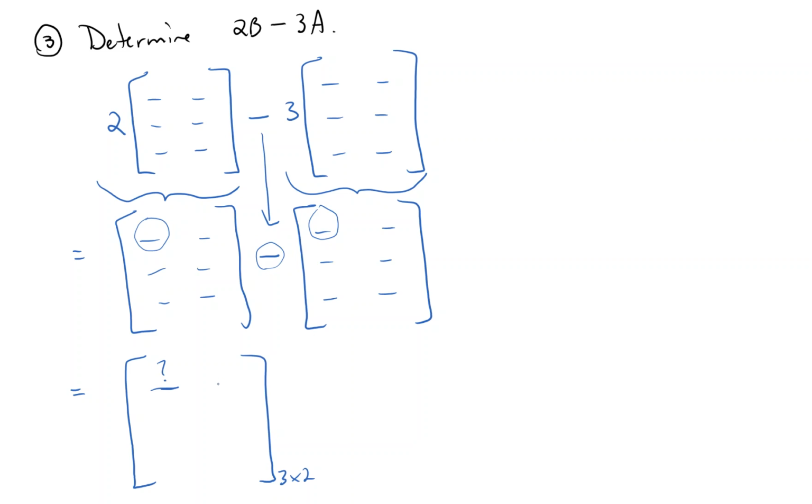Then for the first row, second column, do the same thing. Continue that for all 6 entries. Make sure to subtract, and remember that if you subtract a negative, it turns into plus a positive. Do all those calculations as the video is paused, and then come back and check your final answer.